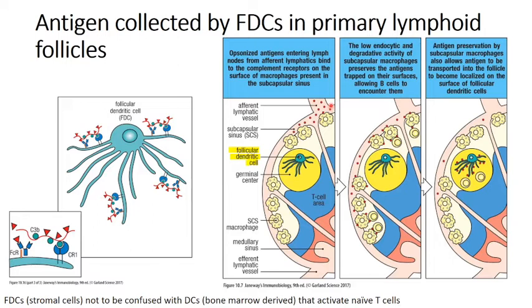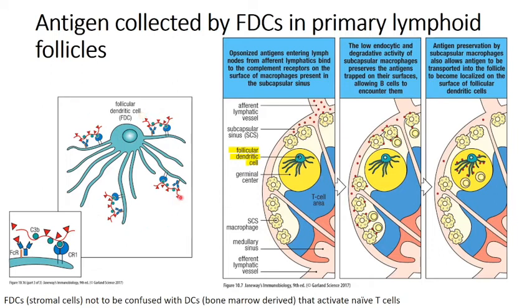They're called draining, obviously, because the lymphatic fluid drains through these lymph nodes. And there are all these macrophages called subcapsular macrophages, and those will pick up the antigens and transfer them to these other cells inside this follicle. That yellow area is called the follicle, and those are called follicular dendritic cells.